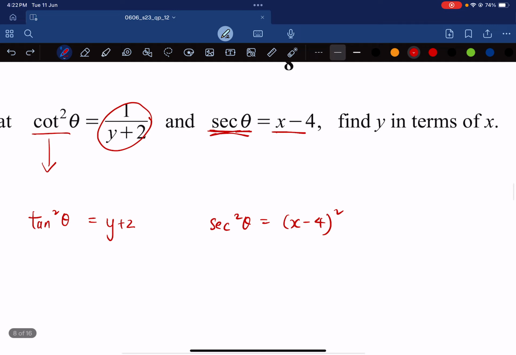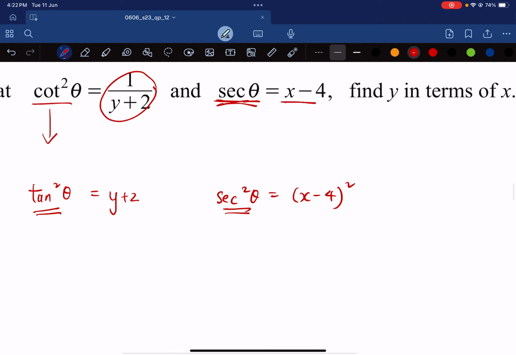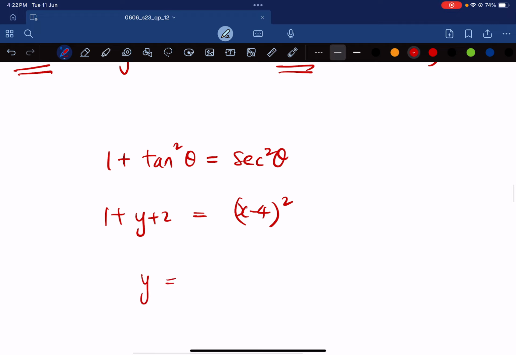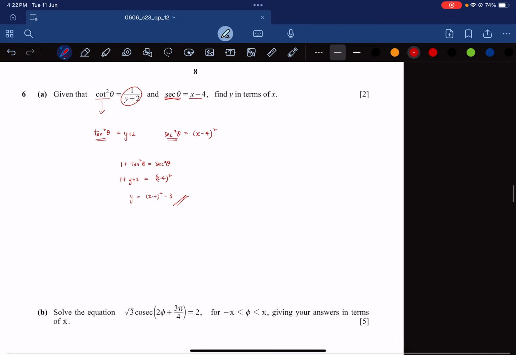These two have connection. We know that 1 plus tangent squared theta equals to secant squared theta. So y would equal to x minus 4 squared minus 3. Okay, so I guess this would be accepted.